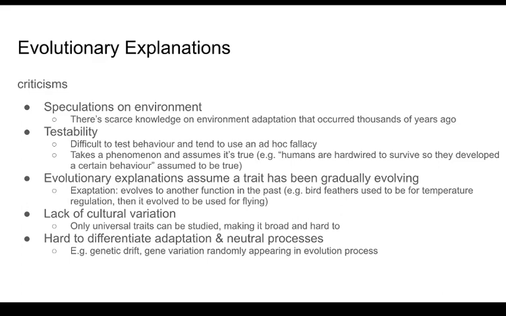And next, we also have the lack of cultural variation. So nowadays, with a lot of different ethnicities and races, we have a lot of different cultural variations, right? And unfortunately, with evolutionary explanation, it's very hard to account for those cultural variations, because the thing with cultural variations is that it's very hard to scientifically track and assess.